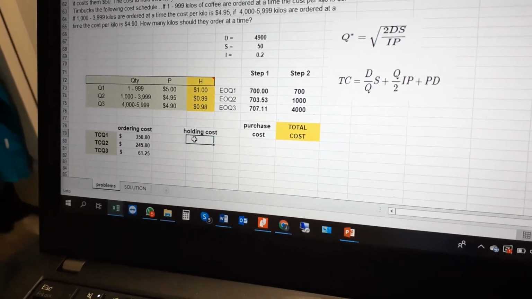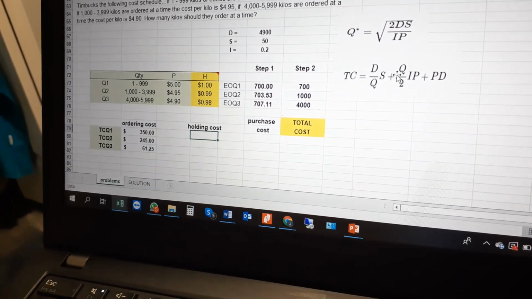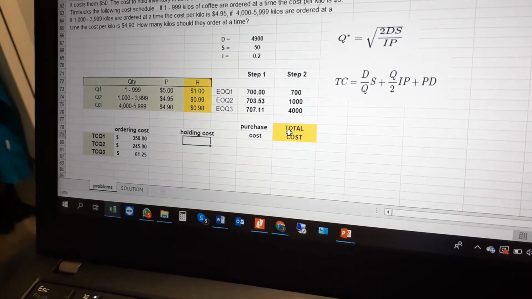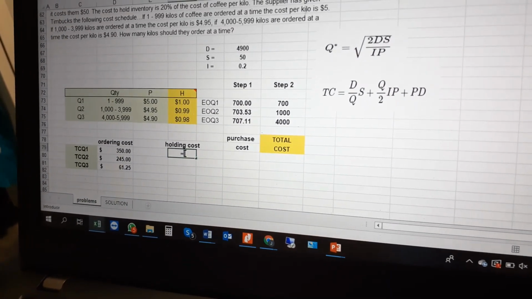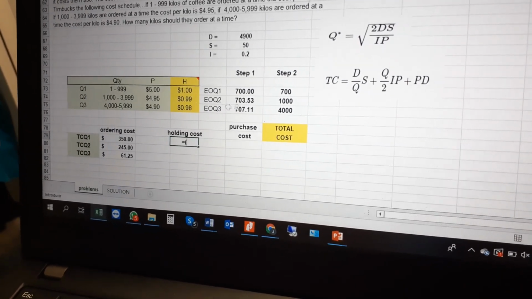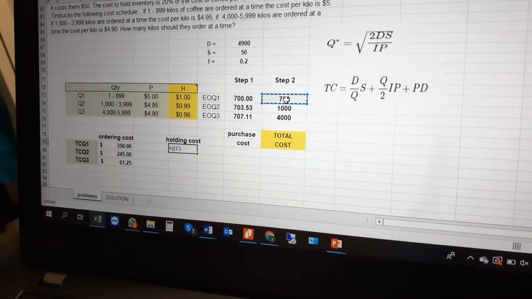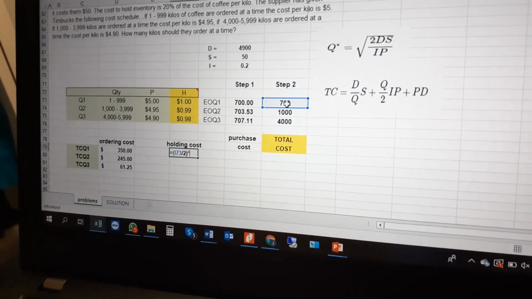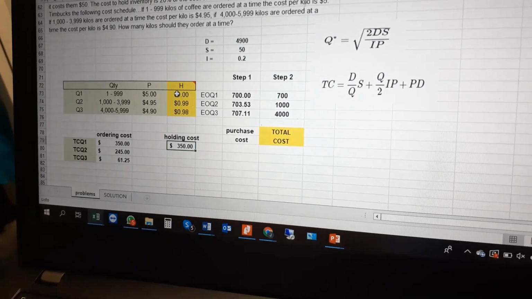Same for the holding cost. This part is holding cost: Q divided by 2 times IP. Now we know IP and H are the same. Q, in this case, is 700 divided by 2 times IP, which is this one.